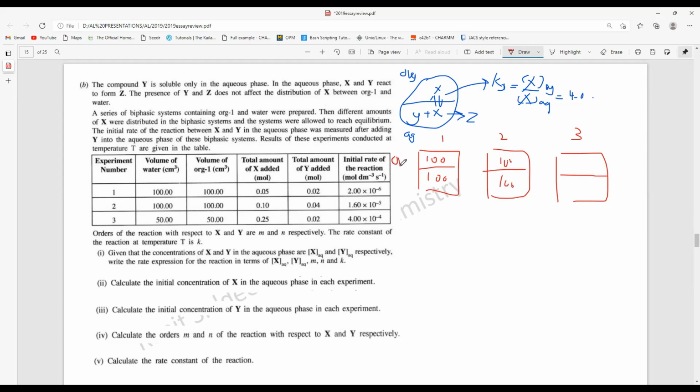Okay, so let's say this is organic on top, aqueous in bottom. So the third one, 50 and 50. The total amount of X added, in moles. So basically what they have done is they have added 0.05 moles of X here.